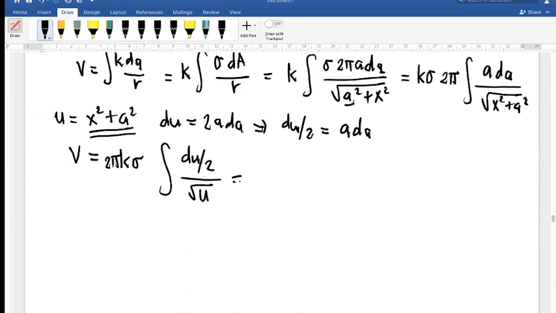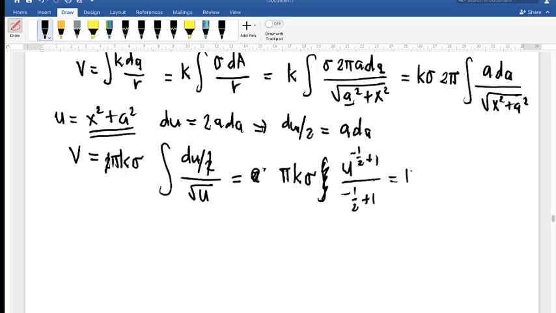So the 2 here cancels out. We have pi k sigma, then u to the negative 1/2 plus 1, that is u to the 1/2 divided by 1/2.